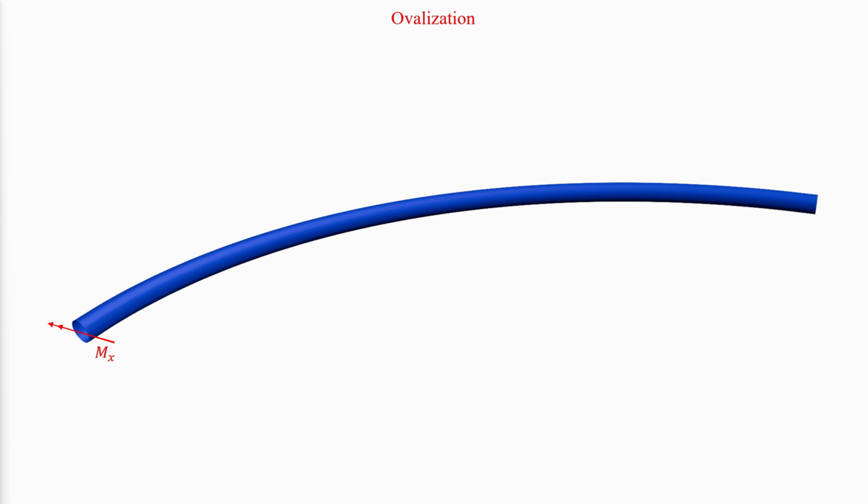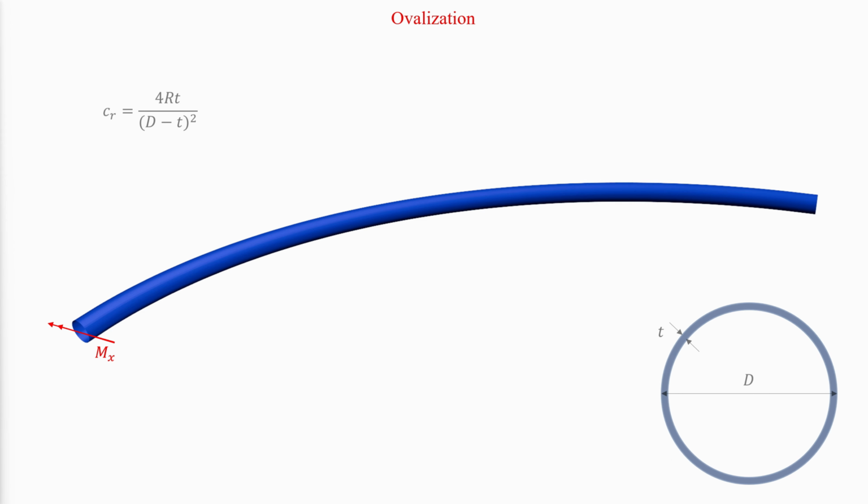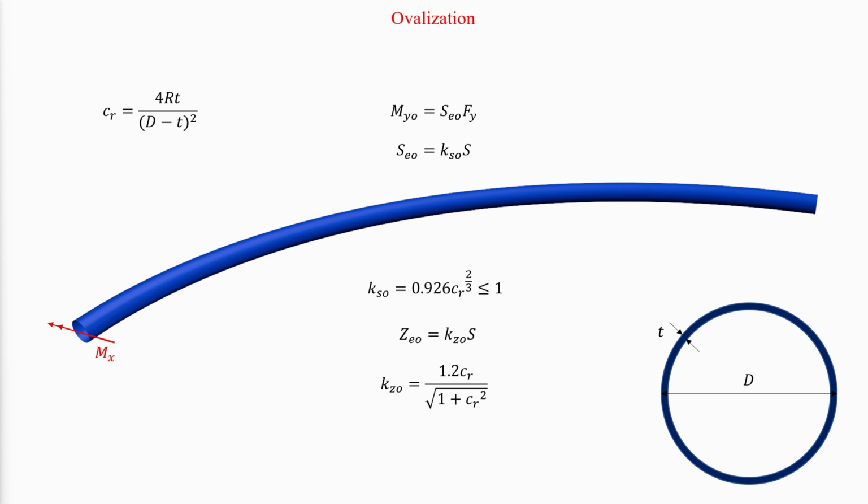The flexural section properties are functions of the flexibility characteristic C sub r, which is defined by this equation. Because significant nonlinear ovalization can occur when the member is loaded beyond the effective yield moment MYO, limiting the nominal flexural strength of these members to MYO may be appropriate.